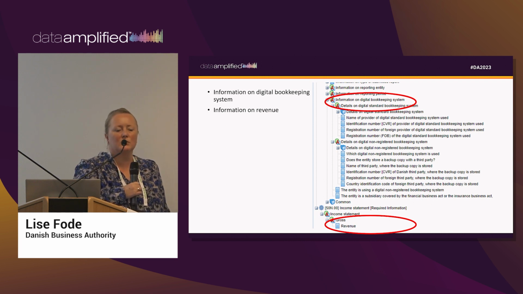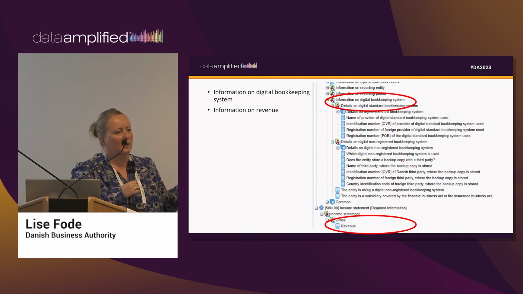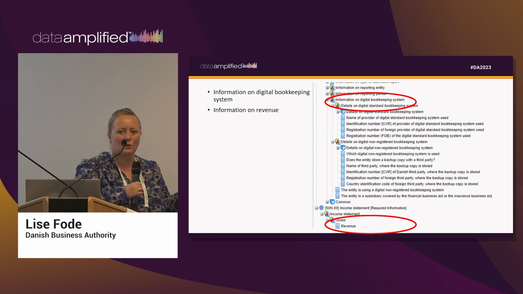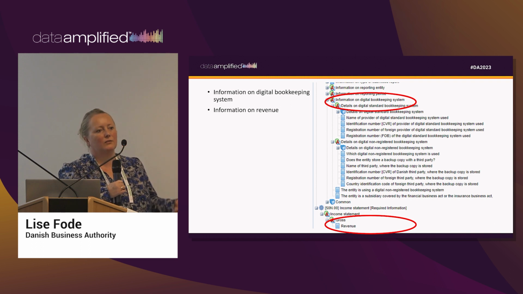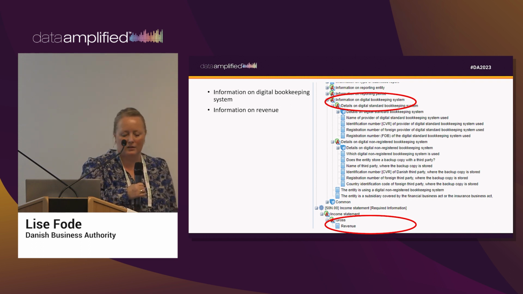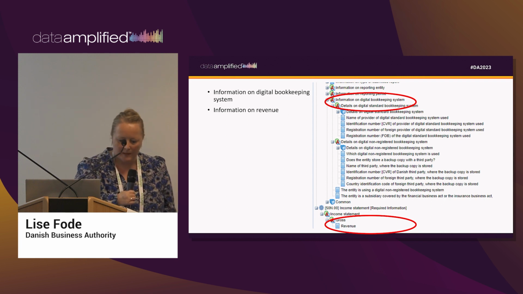And this was actually because in Denmark, some of the smaller companies don't have to disclose the revenue in the annual report. But for the regulatory authorities, it's very valued information. So we got it in on this appendix instead.